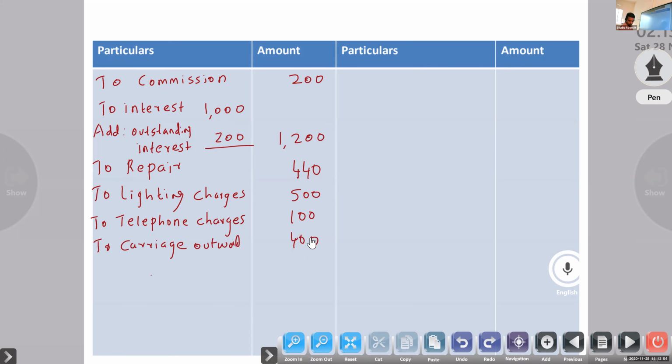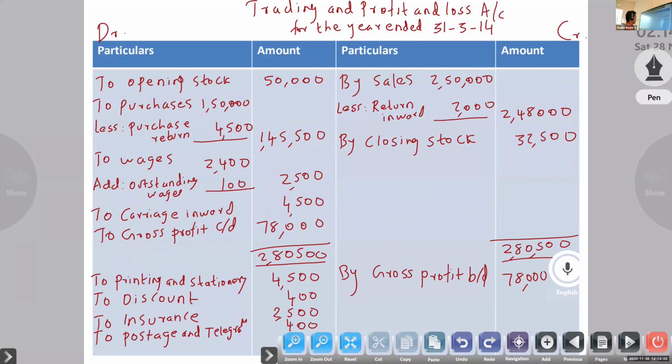Then on the credit side we have to look at discount received, then interest received. Whenever you write interest received, there is an adjustment: by interest received 3500, add accrued interest, means accrued interest received on investment.